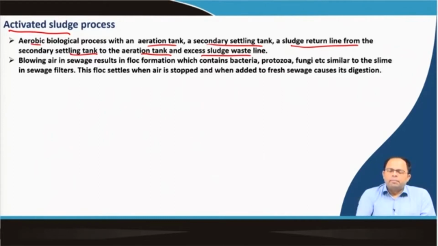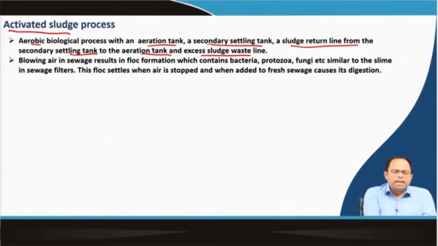So, after aeration, a biological flock is formed, the organic material is acted upon, the BOD is removed, but this flock or sludge that is formed is separated via the secondary settling tank, and then this could go to a sludge tank or sludge digestion tank, and some part of the sludge is sent back to the initial aeration tank, so that it can mix with that and provide that initial set of bacteria which would start the decomposition process.